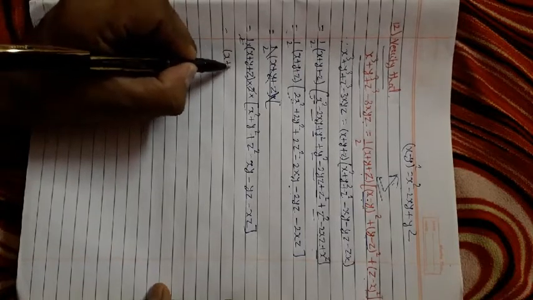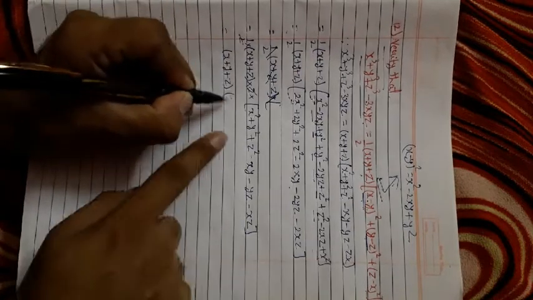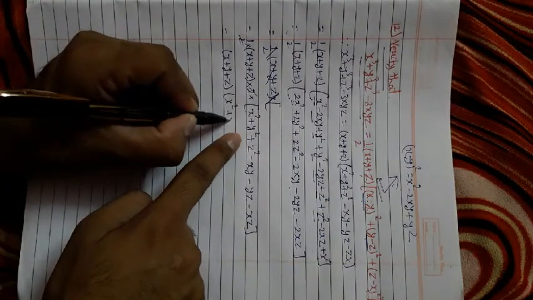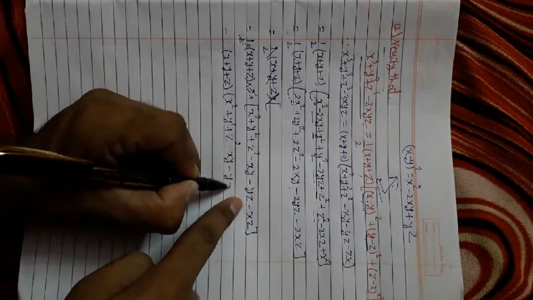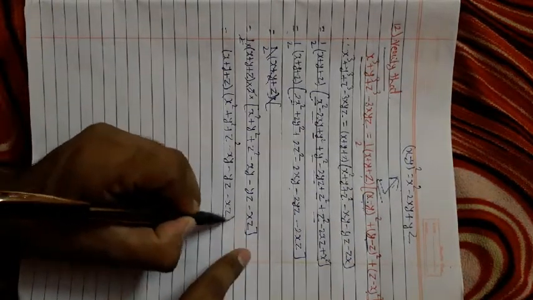Finally we have (x plus y plus z) and in the second bracket x square plus y square plus z square minus xy minus yz minus zx.